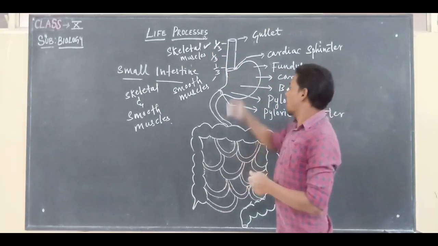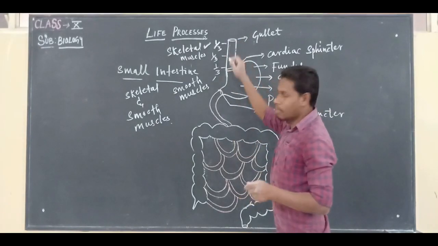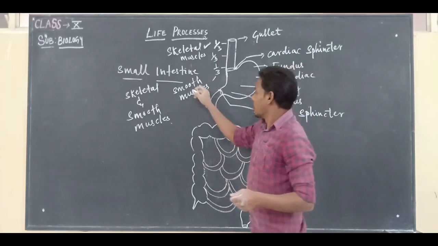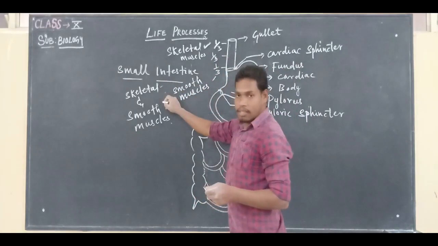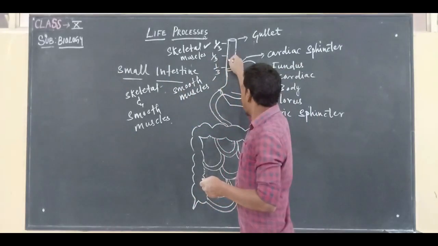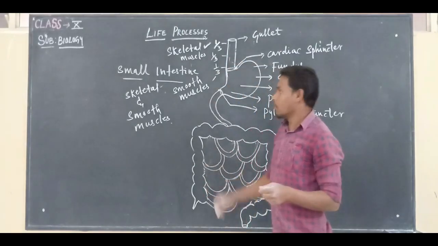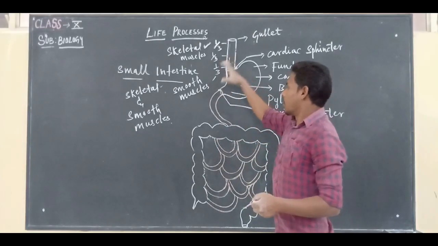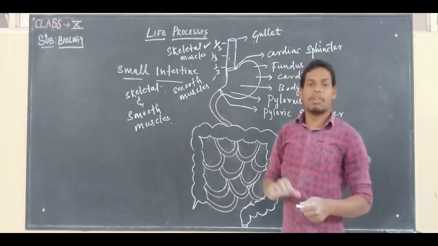Once it crosses a certain level of the esophagus, it completes the skeletal muscles and starts toward the smooth muscles. Once it starts, that movement is not in our control.